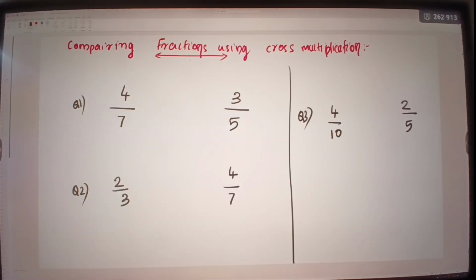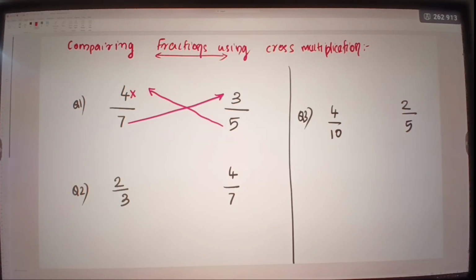Now next topic is comparing fractions with a different denominator. How do you compare the fractions? So in order to compare these fractions, what you have to do is draw a cross. So from 5 you have to draw to 4. From 7 you have to draw to 3. Then you have to multiply.